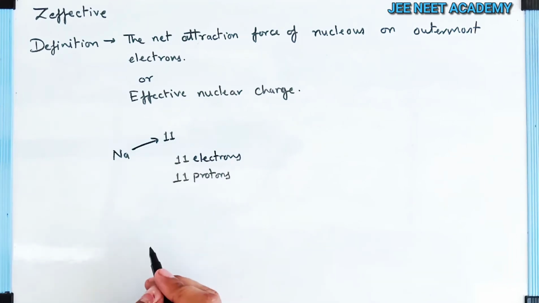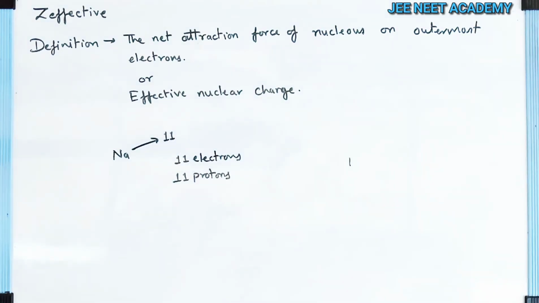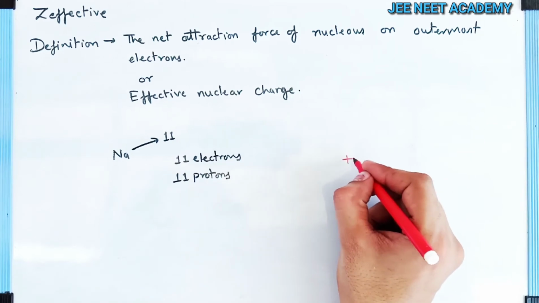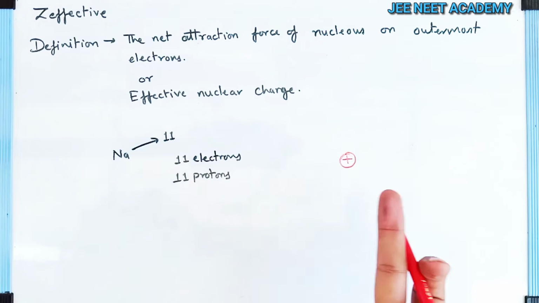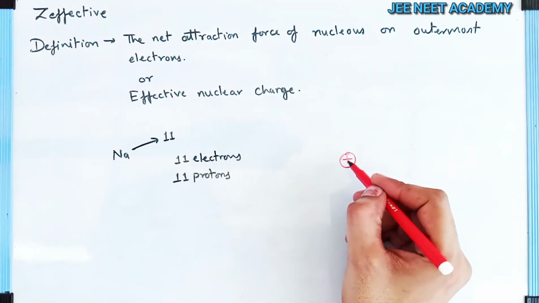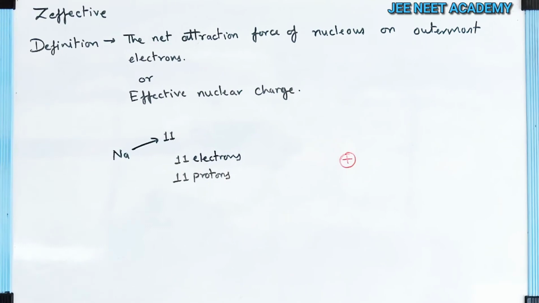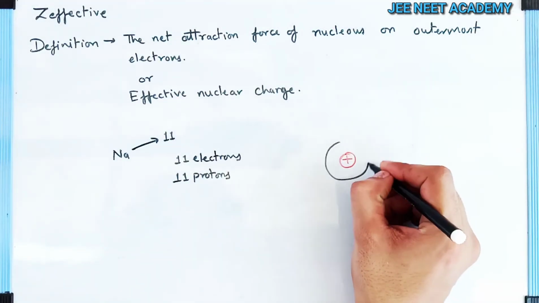And from Coulomb's law, we'll draw the structure for sodium. This is a nucleus with plus charge because the nucleus will have protons in it, and these are orbits.